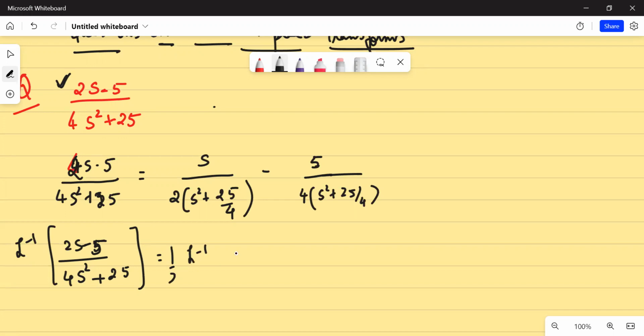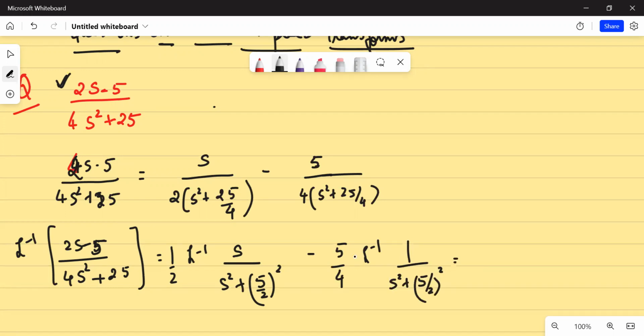This will be 1 upon 2 Laplace inverse of s upon (s square plus (5 upon 2) the whole square), minus 5 upon 4 Laplace inverse of 1 upon (s square plus (5 upon 2) the whole square), which is equivalent to writing 1 upon 2 cos of 5 by 2 t, minus 5 by 4 sine of 5 by 2 t.